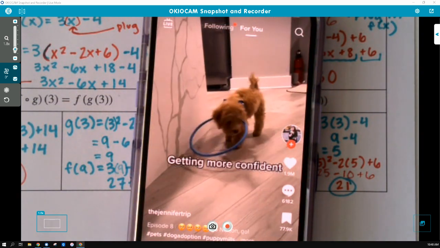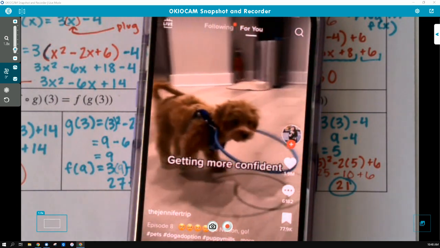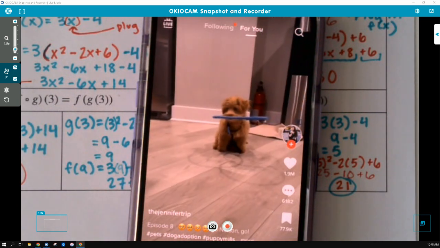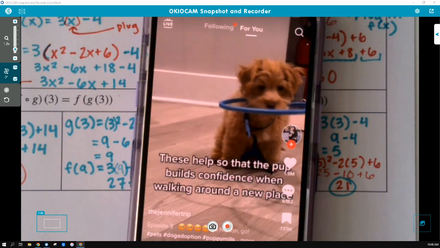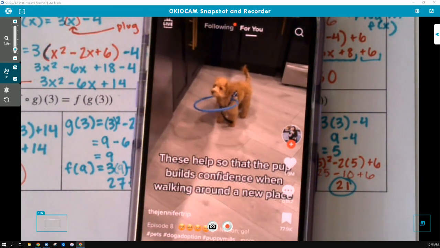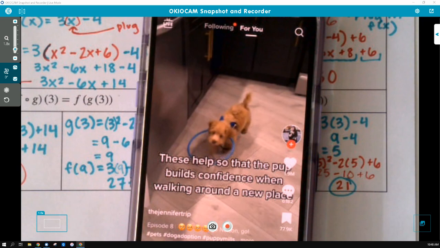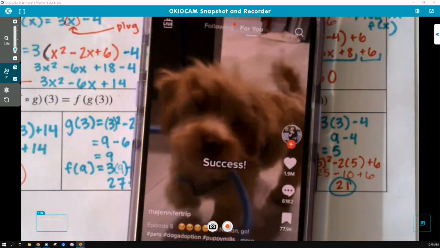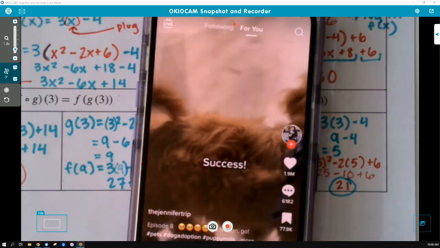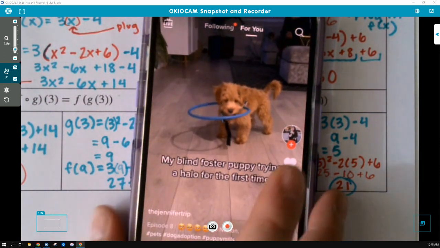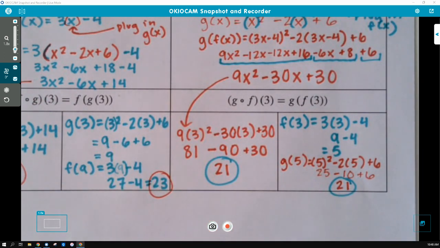Getting more confident. These help so that the pup builds confidence when walking around a new place. Success. Okay, I should probably stop this recording.